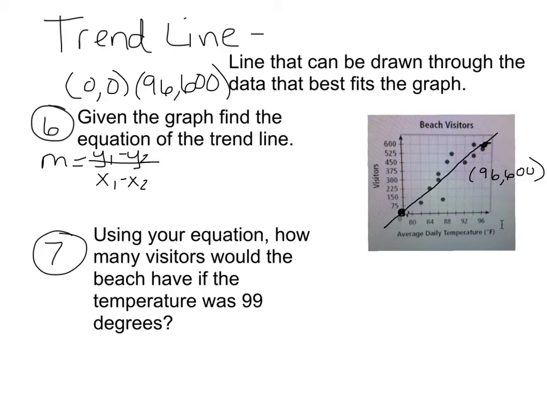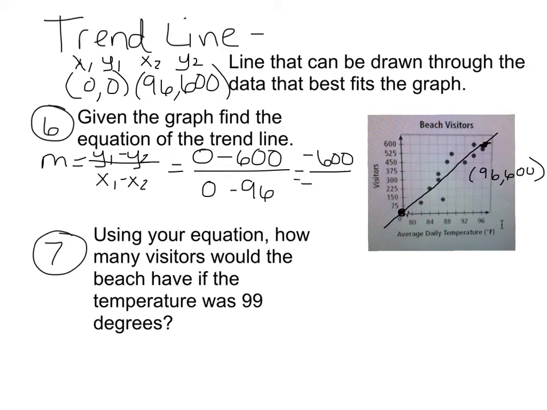Remember, this is your x1, y1, x2, and y2. So we take y1, which is 0, minus 600, all over 0 minus 96. That gives you negative 600 over negative 96, which you can just divide out in your calculator, and you get 6.25. So your slope is 6.25.